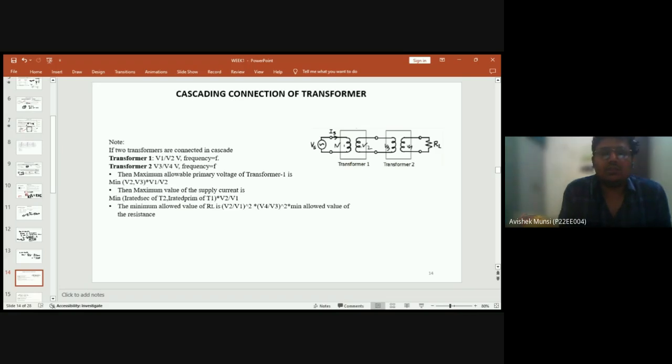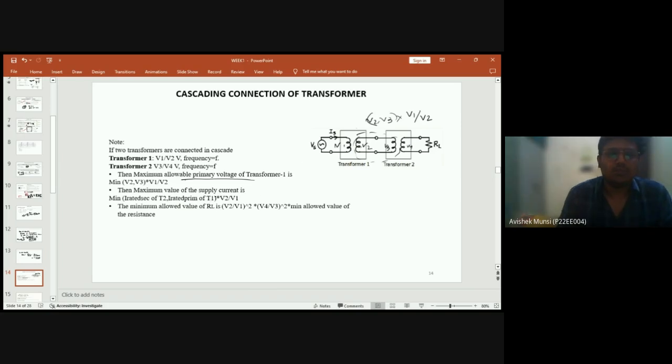And it has the same frequency F, maybe 50 hertz, 60 hertz. Then the maximum allowable primary voltage is the minimum of V2, V3, in this case, into V1 by V2, because that will be reflected in the primary side, the maximum allowable primary voltage.